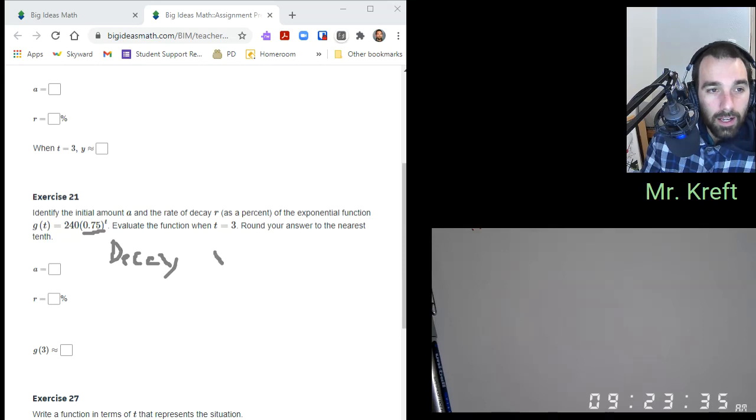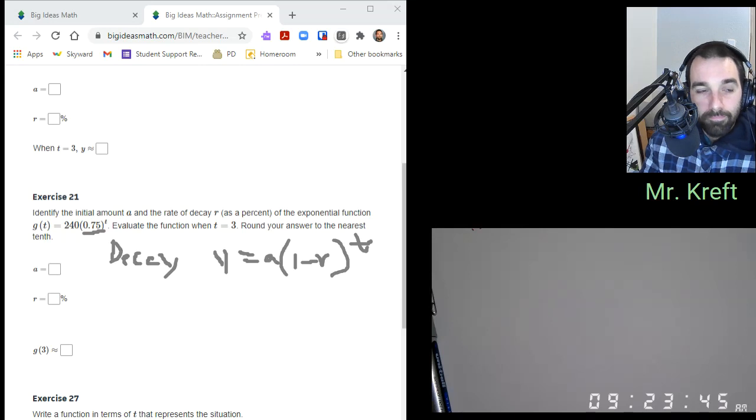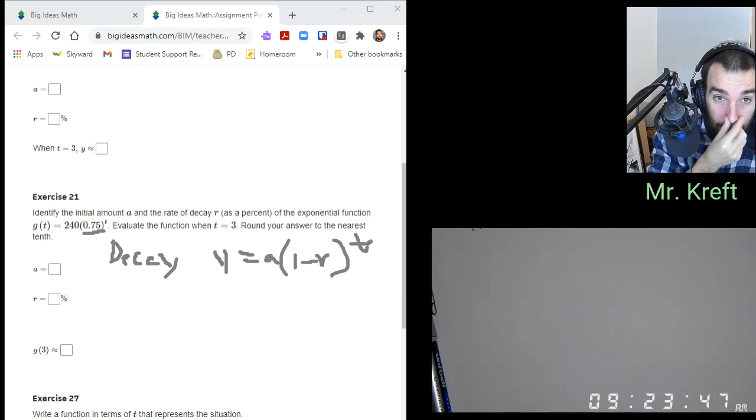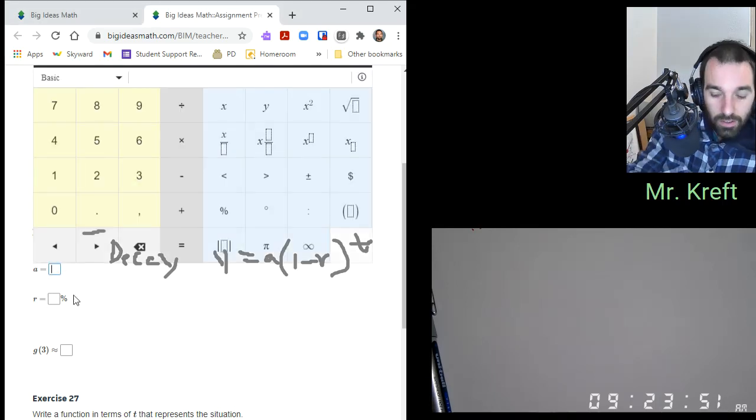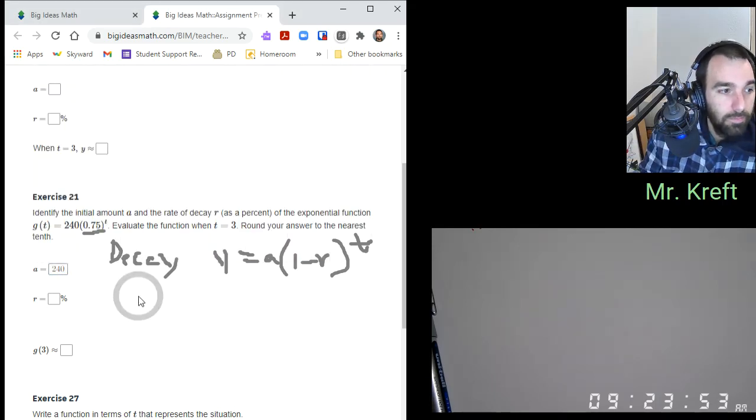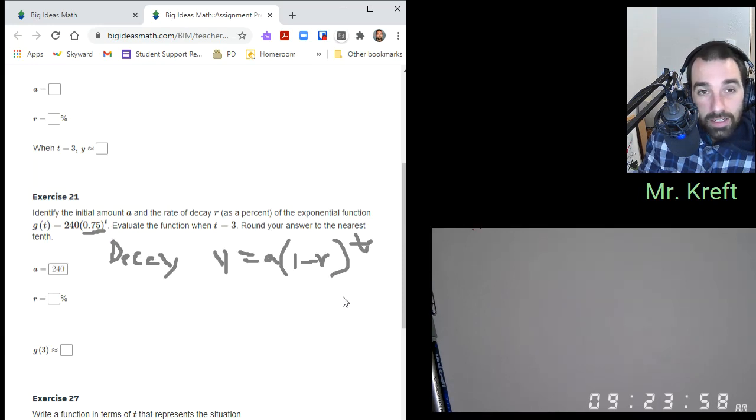So if it's decay, then I have y equals a times (1 minus r) to the t. Okay. So that means my a term is just out in front. So my a is 240. Okay, that's the amount that I have in front. Now my rate, I'm going to have to do a little bit of algebra.